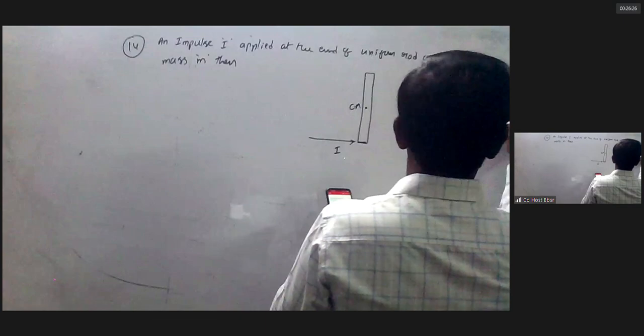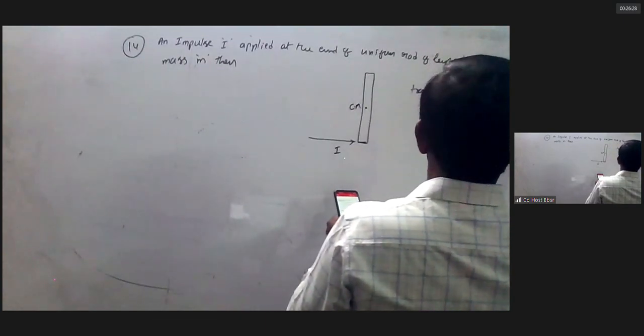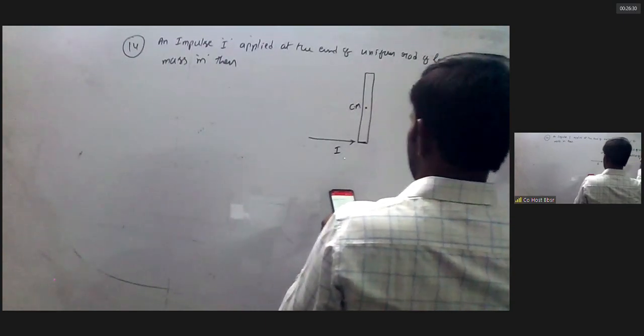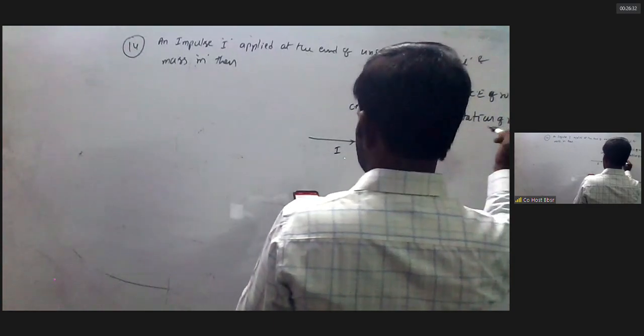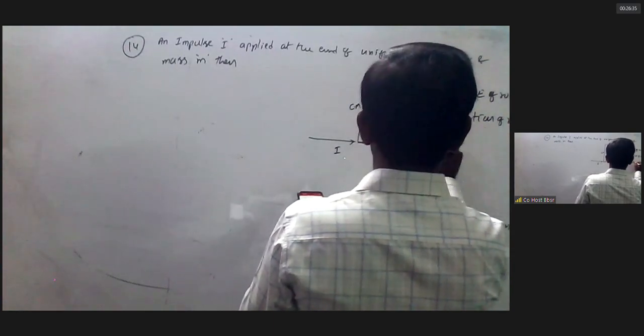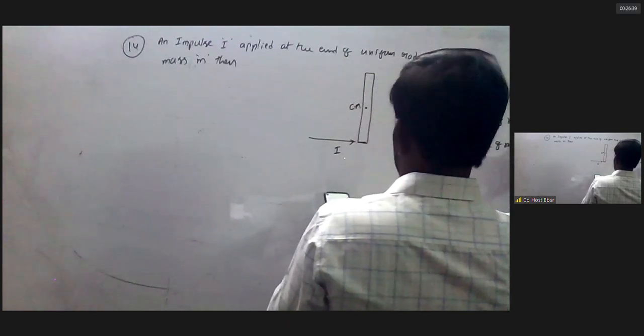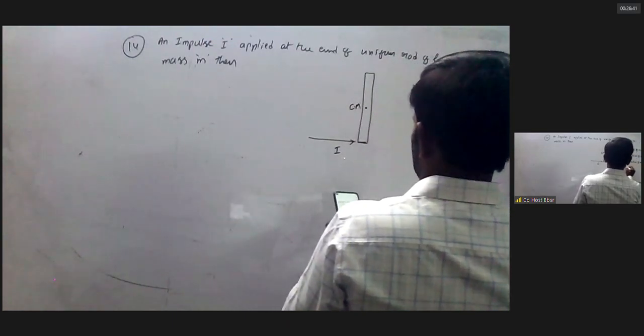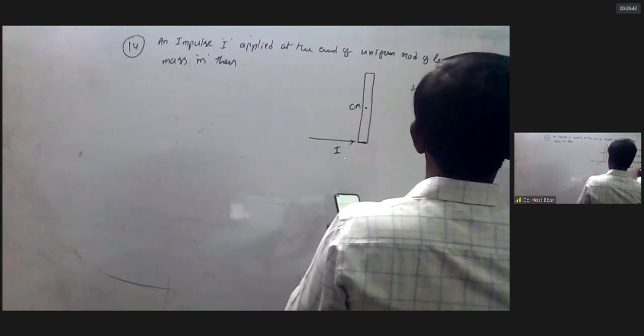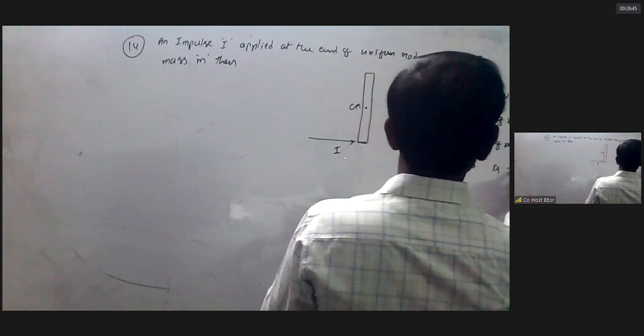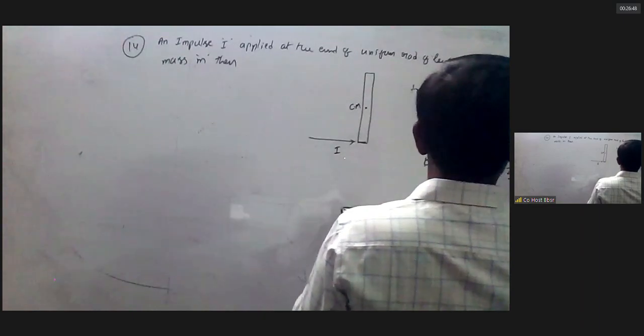Rotation of rod, I square by 6m. Rotation of rod, 3 I square by 2m. Kinetic energy of rod is 2 I square by m. I square. None of this.